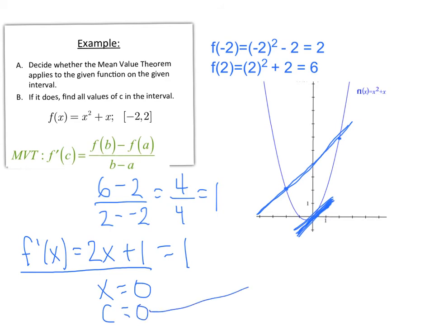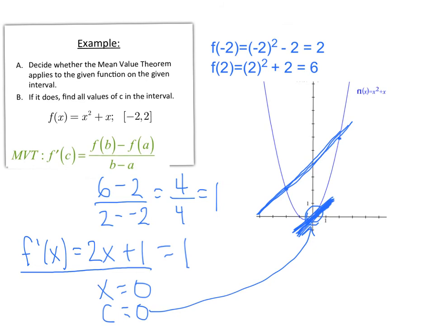And if you look at my graph, where I've drawn the tangent line in, where that would have a slope that's parallel to this secant line, that does look like it's occurring at an x value of 0. So again, the mean value theorem was assuring us that on this closed interval -2 to 2, there would have to be at least one point, at least one value c, where the slope of the tangent line at that point would be equal to this secant line slope.